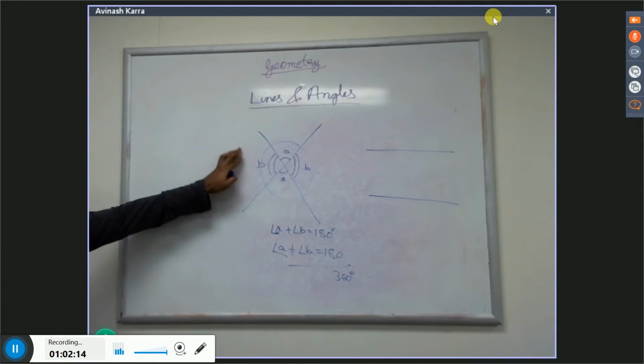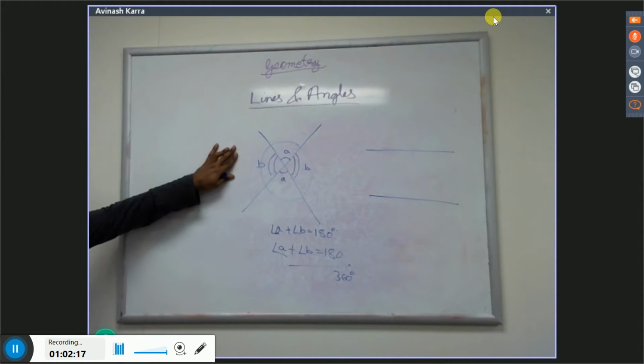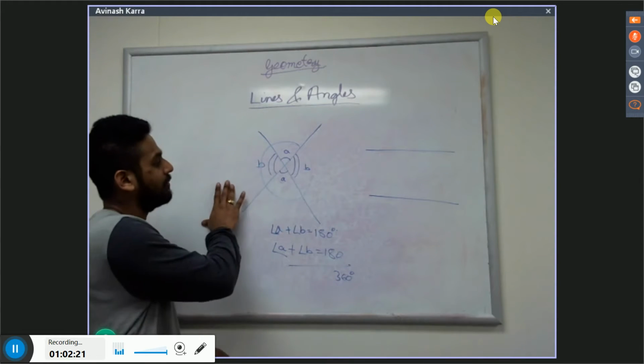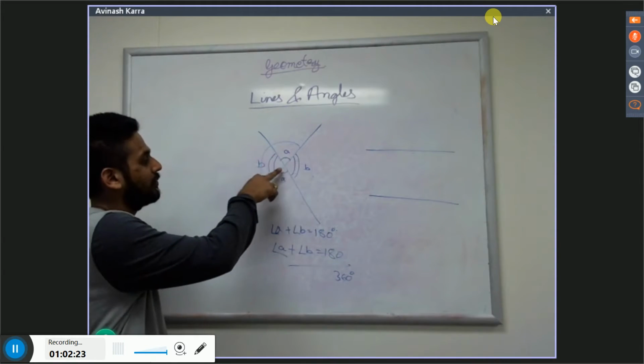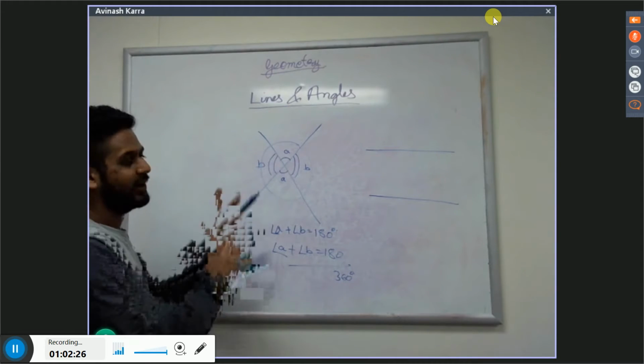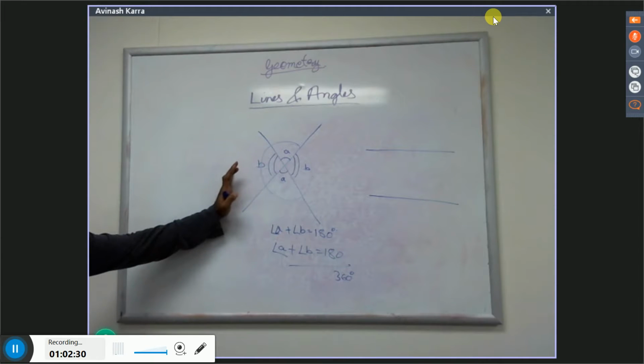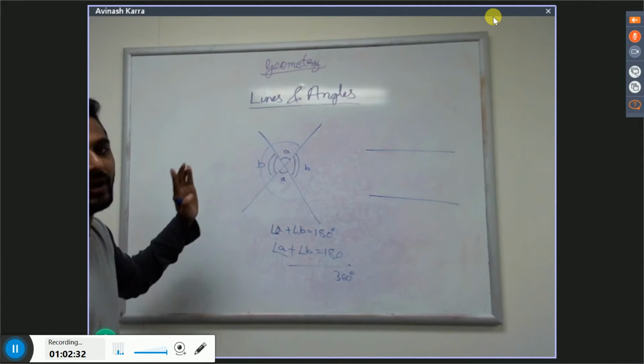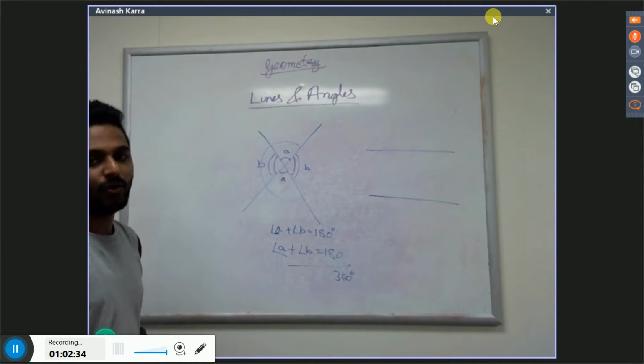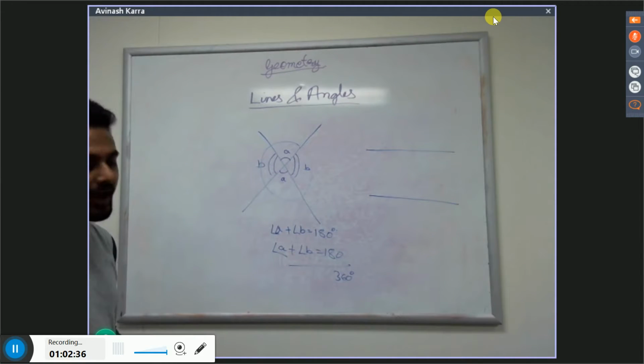These are the points you need to remember. With these points, you can do any problem related to lines when they are intersecting. These are the basic points. No other concepts. Okay?